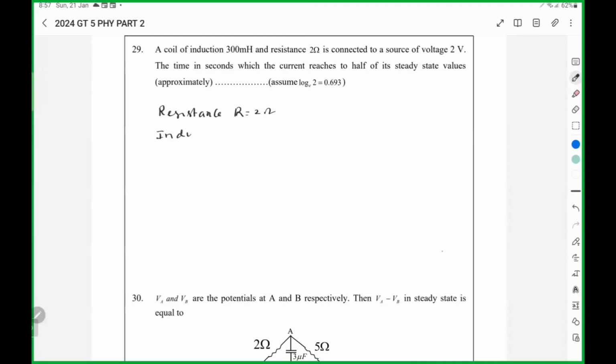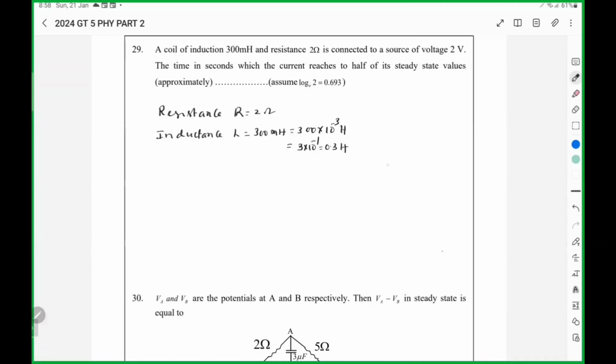Inductance is 300 millihenries. That is 300 into 10 power minus 3 henries, which is 0.3 henries. Right.